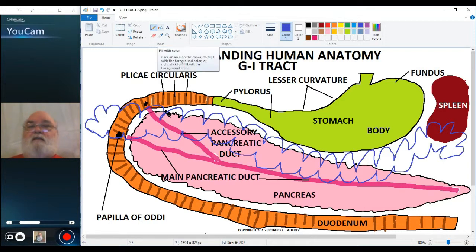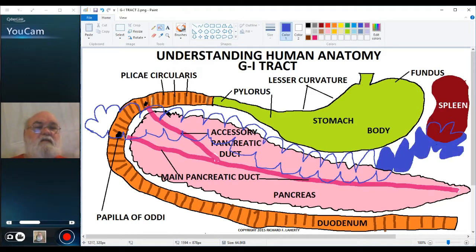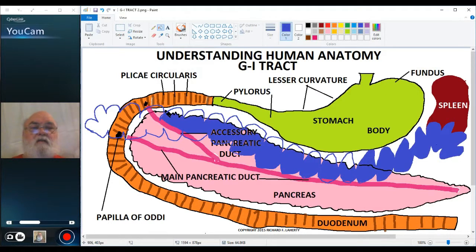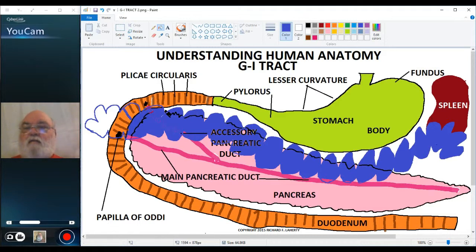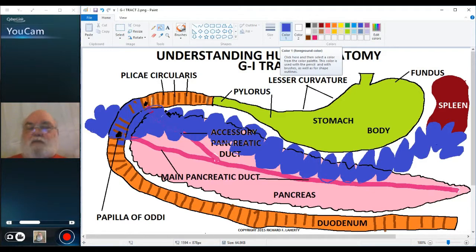And let's see if we can get this colored in. Give me a minute and I'll touch up the coloring.